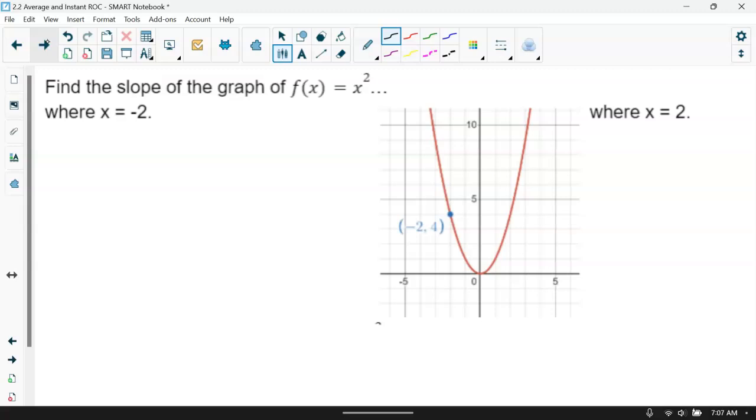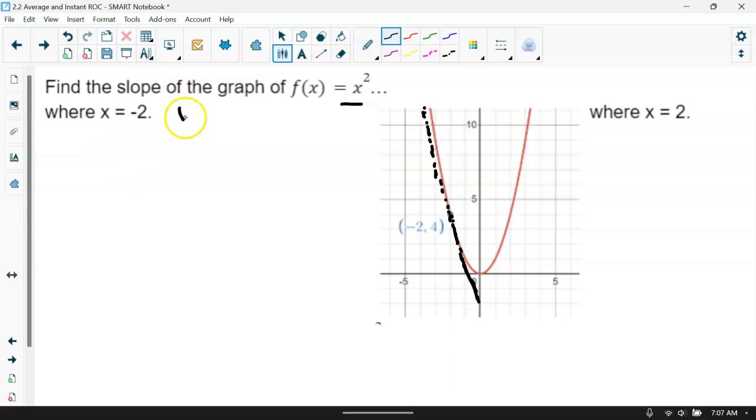Let's say here, for our function x squared, where x is -2. So here we're finding the tangent. Notice how we're going to end up getting a negative value, right? Here we're focusing on that instantaneous rate of change going through our x value at -2.